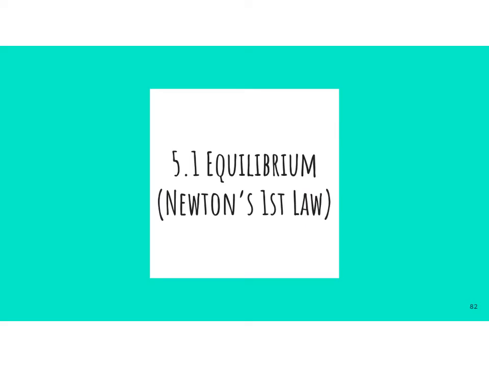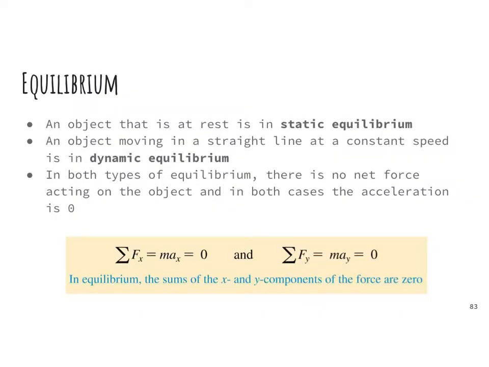So we'll address both of these as they pertain to Newton's first law in this section. So our first section in chapter 5 is all about Newton's first law. So you just watched a pre-lecture video talking about static and dynamic equilibrium, and now we're going to get a little quantitative and look at some problems with them. So equilibrium, by definition, is anything that's balanced out. So in physics class, we will have an object that is at rest, in which case that means it's static equilibrium.